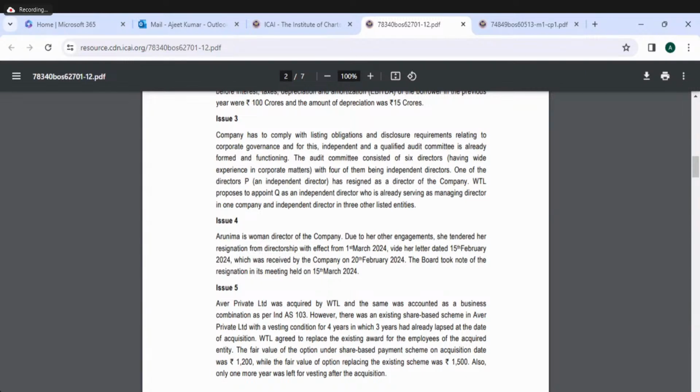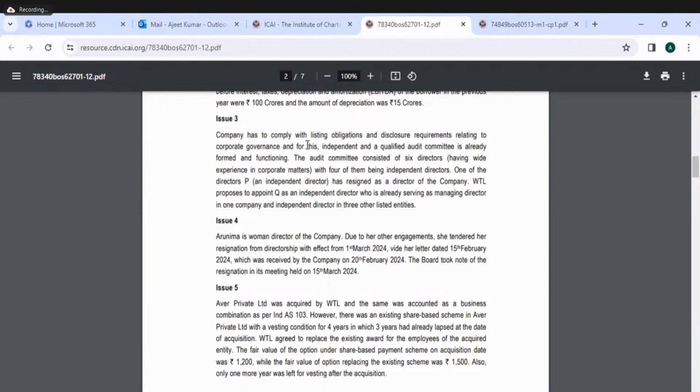So since we have received the answer with respect to that, it is in relation to the SEBI Act, and in particular with the SEBI LODR regulations. Why? See, first of all, it is a listed company that we have seen.